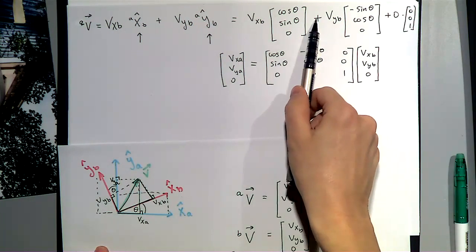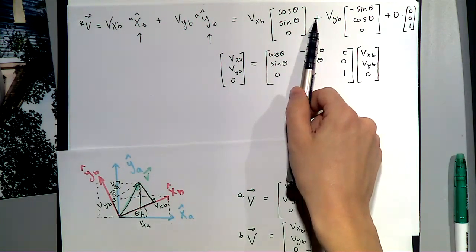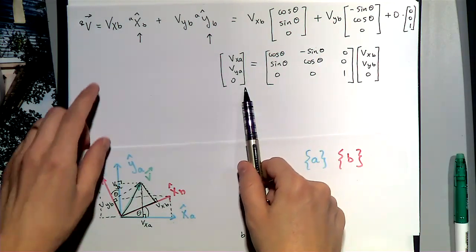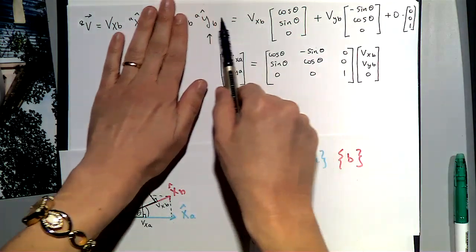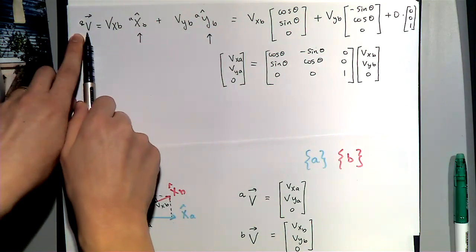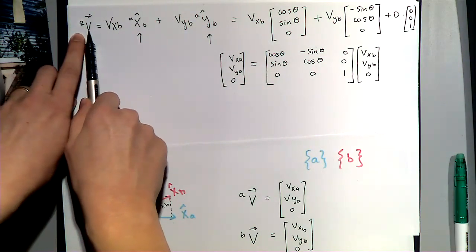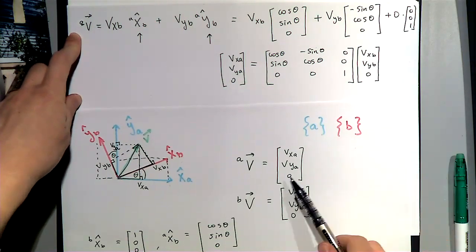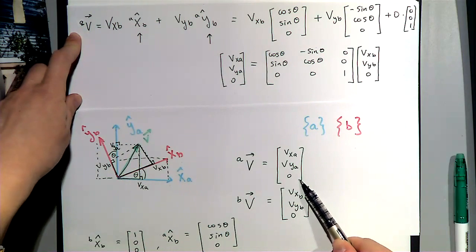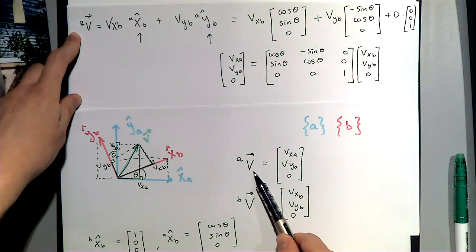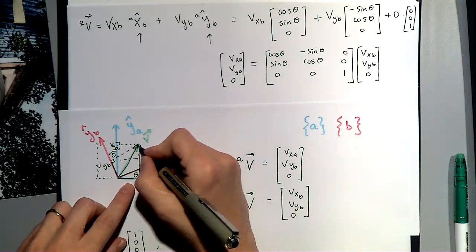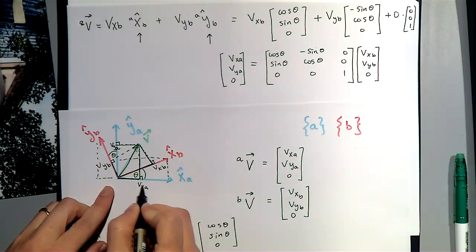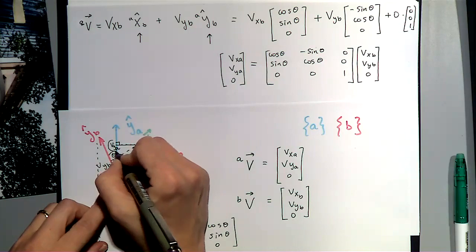Where these came from? This one? So if you look at this, go back here, I equated it to V, the vector V represented in frame A, and this is what I wrote here. This is my V in frame A, which is this and this. Yeah? So this and this.